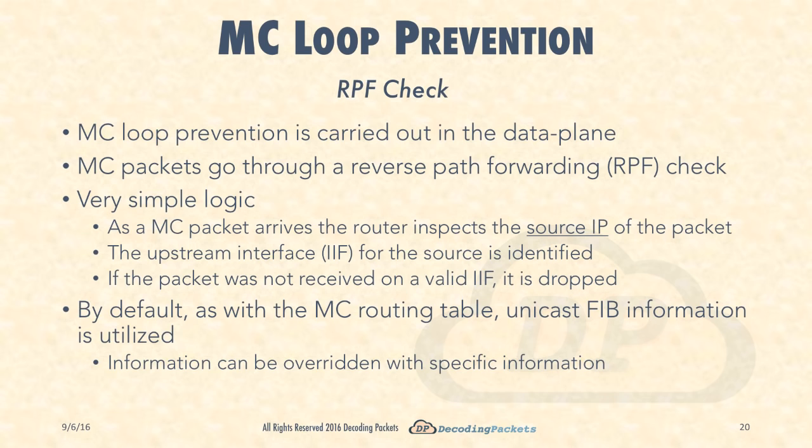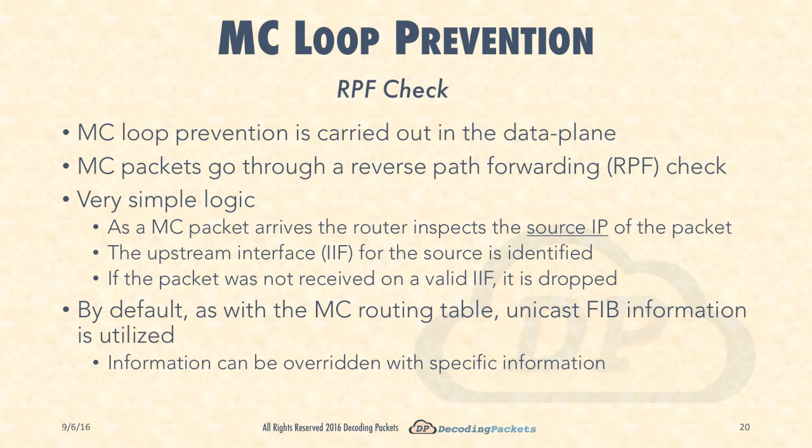Like we said, one of the major tasks of a multicast routing protocol or the forwarding plane is loop prevention. For the vast majority of multicast, this loop prevention manifests itself in something called the RPF check. We have already discussed the whole concept of RPF and how we are trying to forward packets away from the source. And this was the whole concept of the IIF and the OIL.